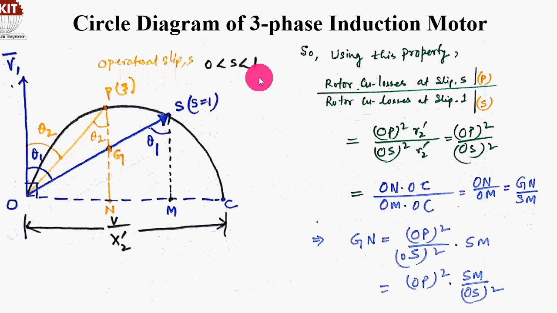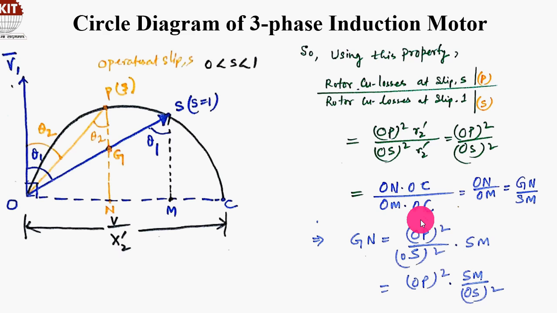Here also in triangle OPN, OP square can be written easily, that is equal to ON times OC, upon, in this triangle, that is triangle OSM, it can be written as OM times OC.